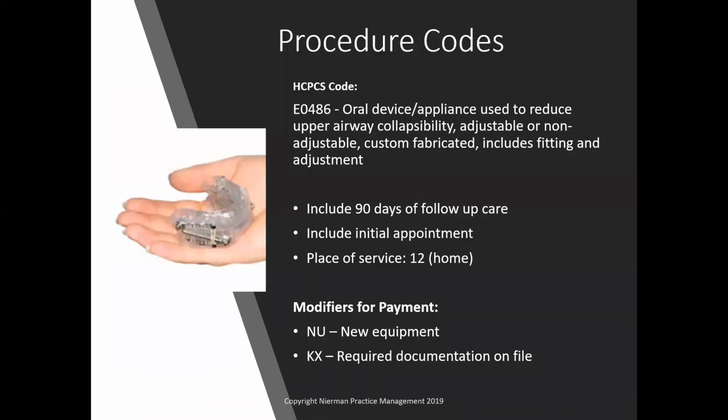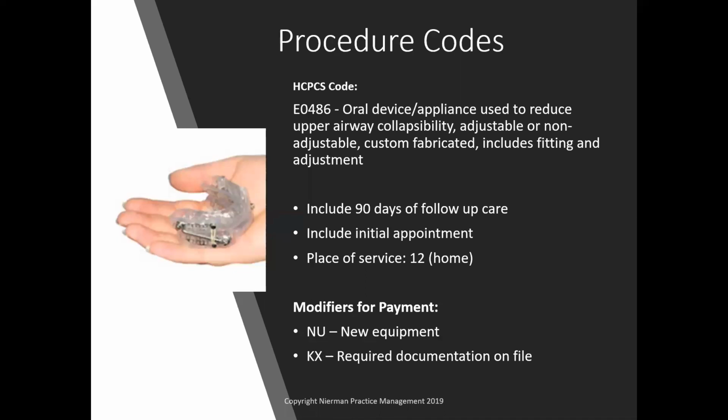Now, as far as the procedure codes, remember, you're not going to be billing the exams and imaging like you normally can with commercial carriers. So everything's going to be in the E0486, oral appliance used to reduce upper airway collapsibility. Where it says includes fitting and adjustment, that means it includes 90 days of follow-up care.